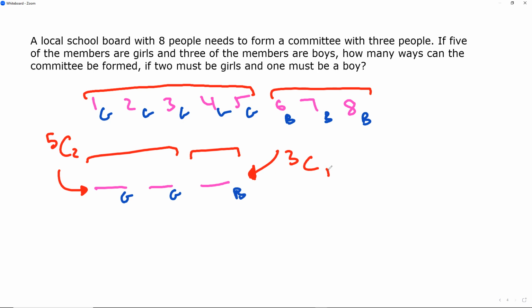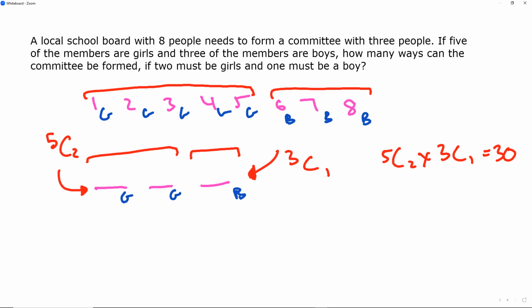So five choose two would go in there, and we would then multiply these two together. Five choose two times three choose one. And that would get me the answer, which, once we put it on a calculator, comes to 30.